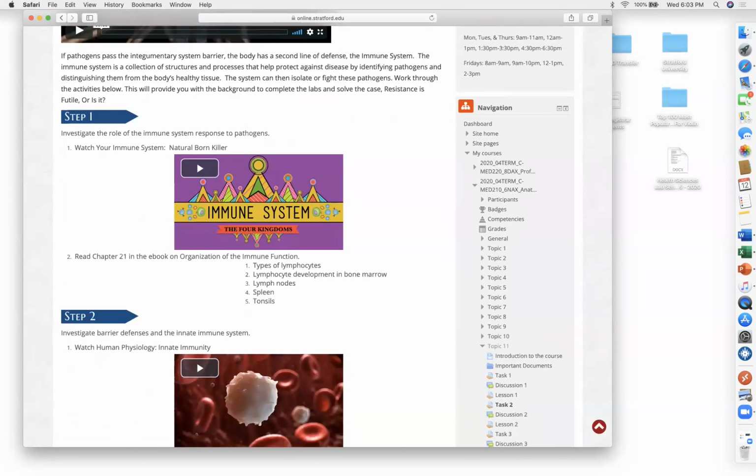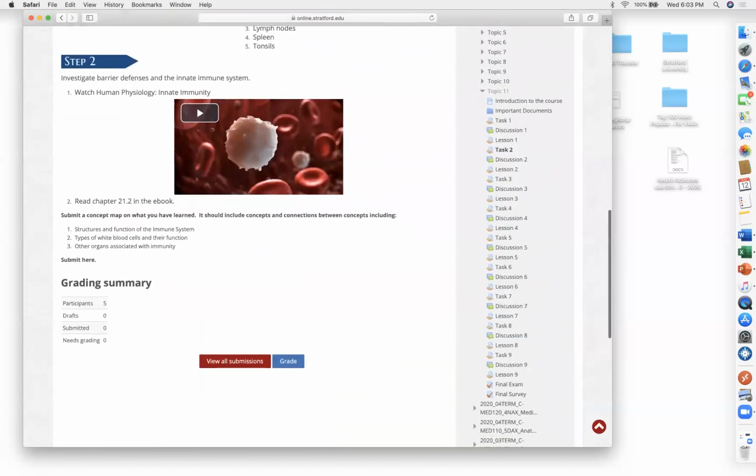So what we're going to be talking about this week, and of course, for your task 2, which is due next week, is the structures and functions of the immune system, different types of white blood cells.